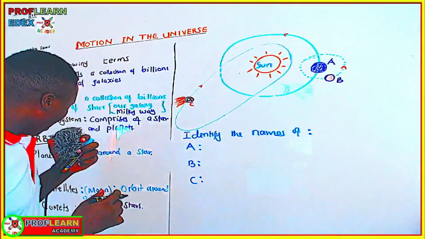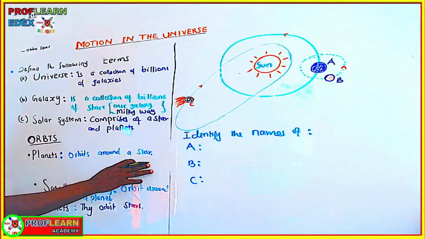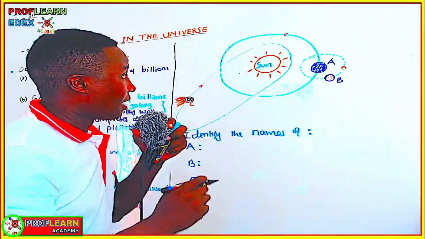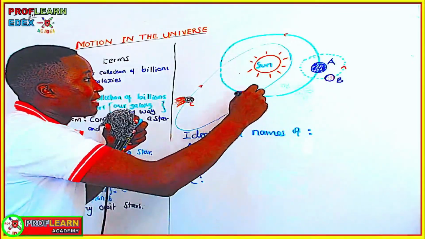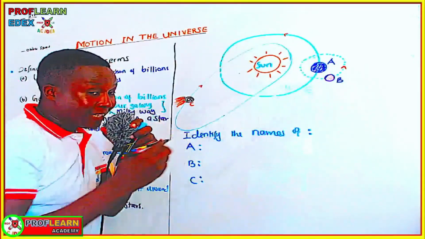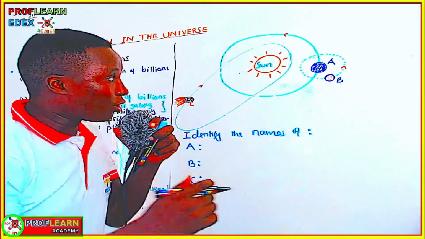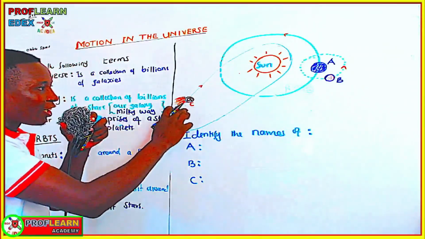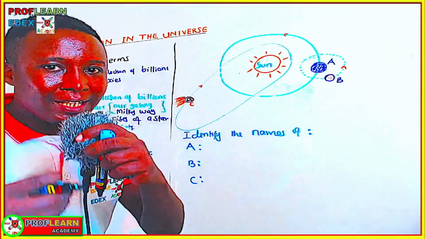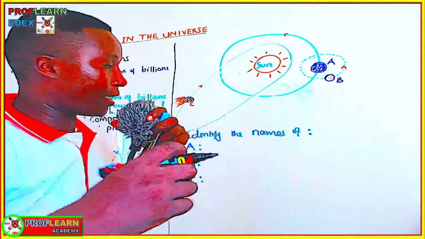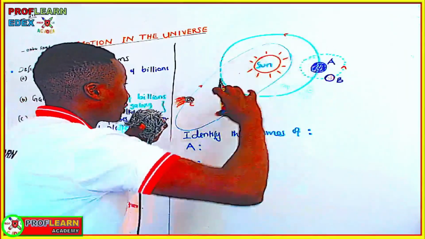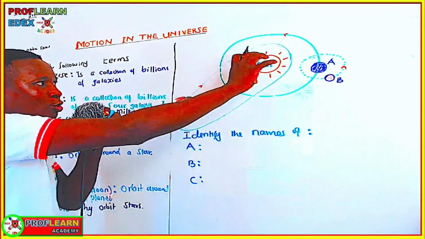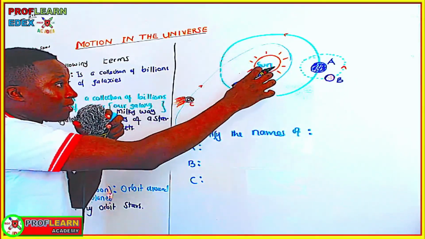Number one, we have said planets orbit around a star. So A will be a planet because its orbit is elliptical. The orbit of a planet is elliptical, but the orbit of a comet is very elliptical and elongated, kind of stretched, and the sun is towards one end of that orbit.